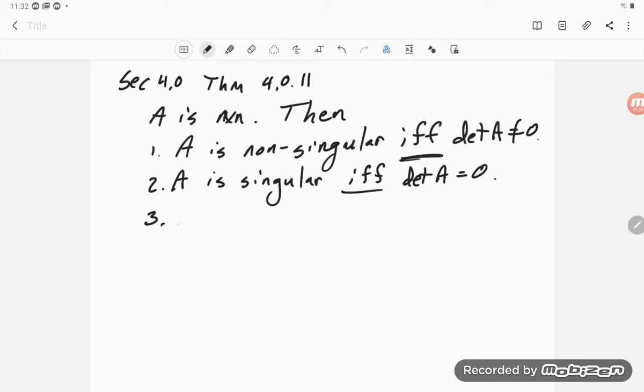It says then a third thing would be that the matrix equation AX equals 0 has a non-trivial solution.